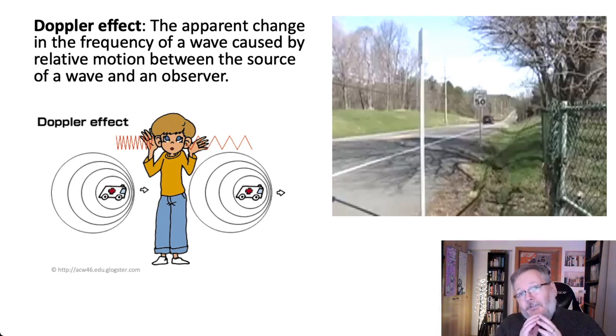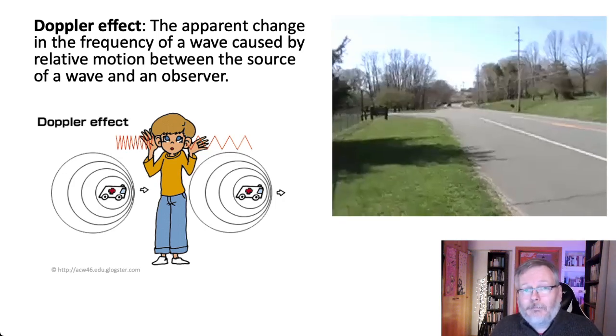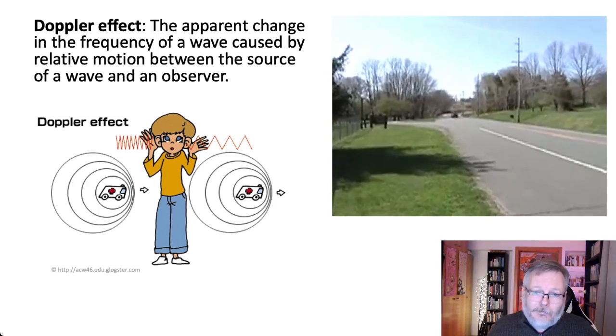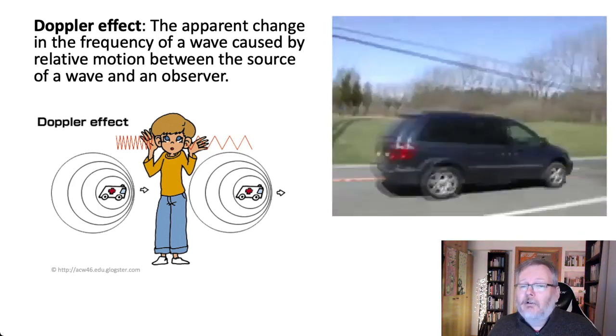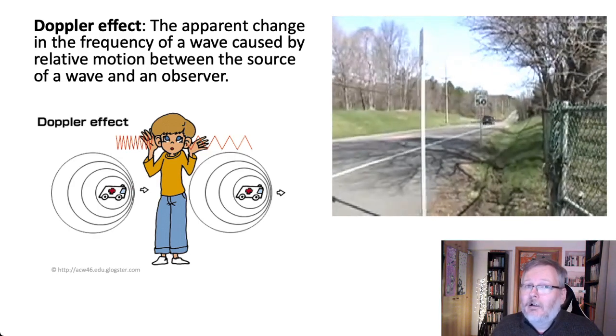And yet the source of those waves is moving, or in another situation, maybe the observer is moving. Both of these situations will result in a version of the Doppler effect. Coming in, higher pitched, moving away, lower pitched.